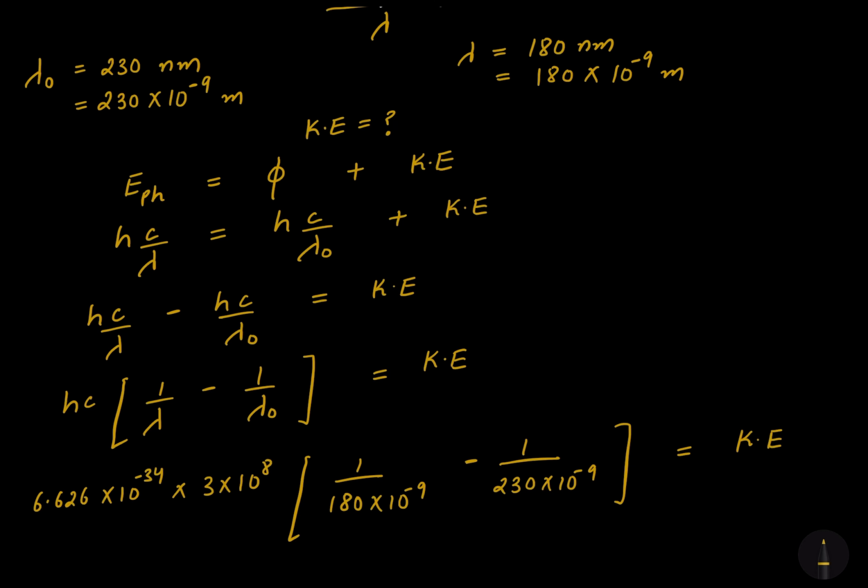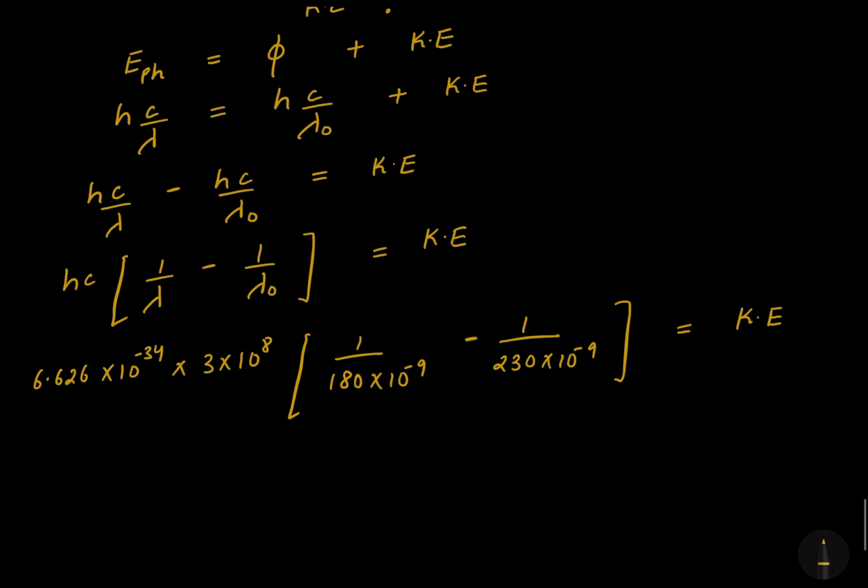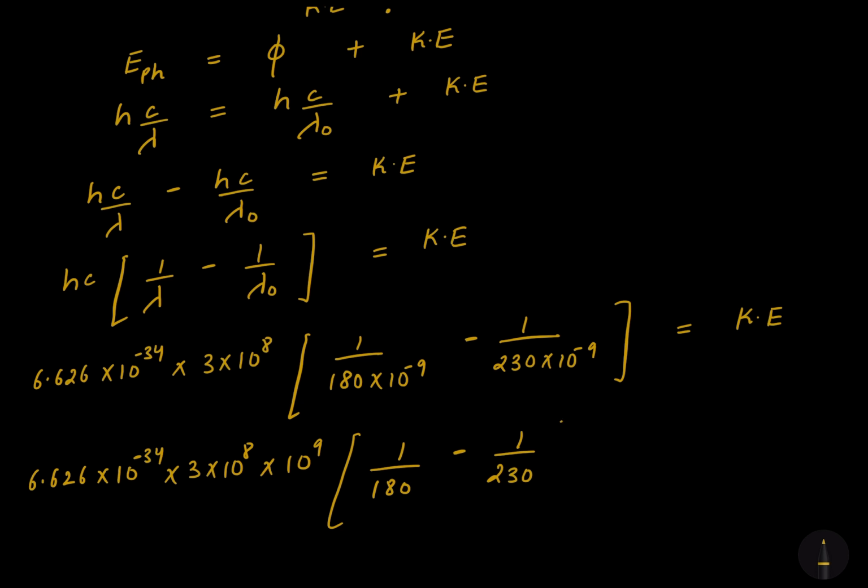So now let's take 10 to the power plus 9 common. This comes out to be 6.626 into 10 to the power minus 34 into 3 into 10 raised to power 8 into 10 raised to power plus 9 common, divided by (1 by 180 minus 1 by 230), bracket close.